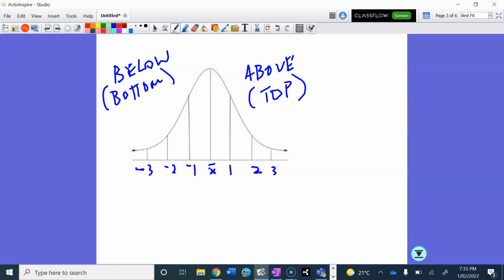Sometimes we'll calculate Z-scores. The actual calculation is very straightforward. We will be asking you to calculate using a formula, and then using that number that you calculate, we get you to interpret and we get you to compare. The straightforward part is the calculation.